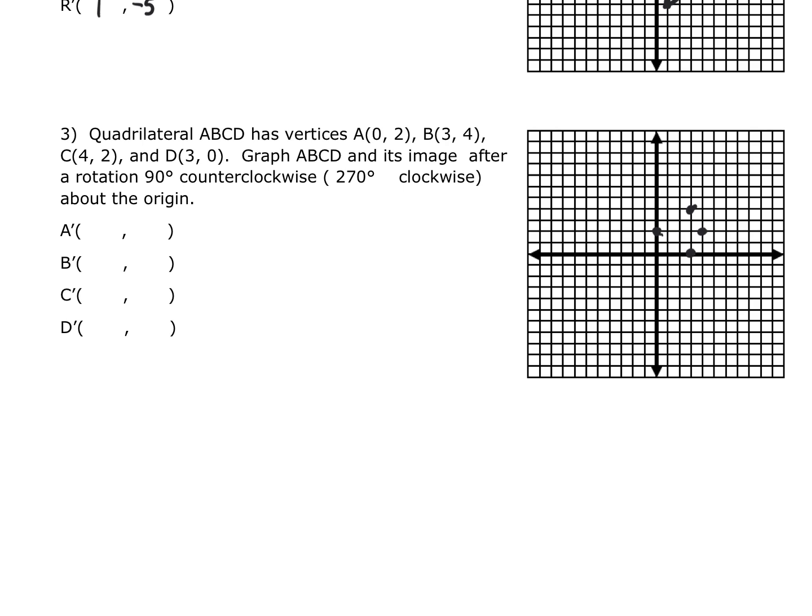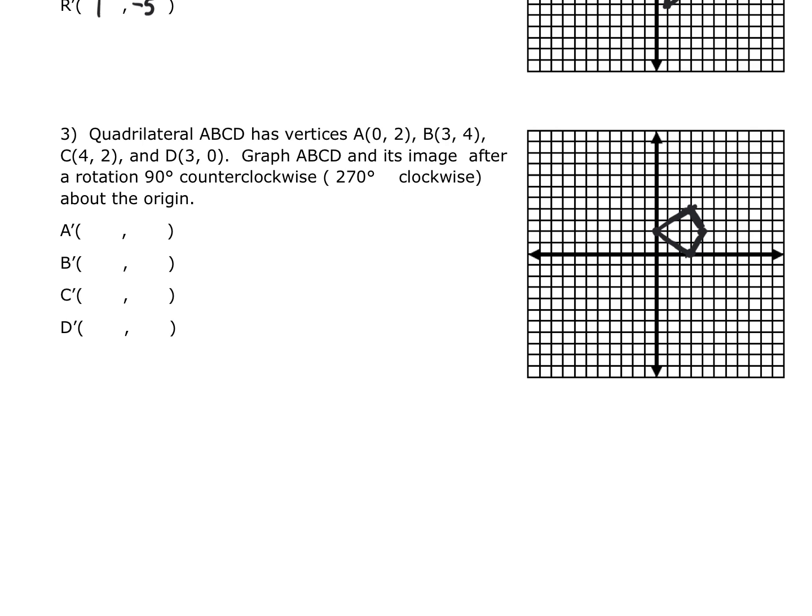Okay, so that is our quadrilateral there. Now we're going to rotate it 90 degrees counterclockwise or 270 degrees clockwise. It doesn't matter. They're going to go the same place.